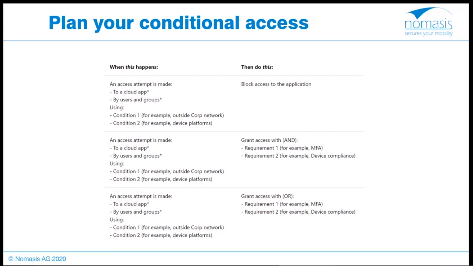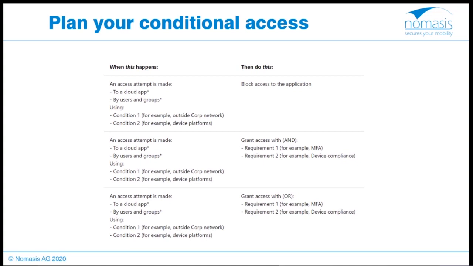For example, you can use simple English to say an access attempt is made to a cloud app, for example, to Outlook, Exchange Online, by users and groups, for example, admin users. And then you select the conditions.